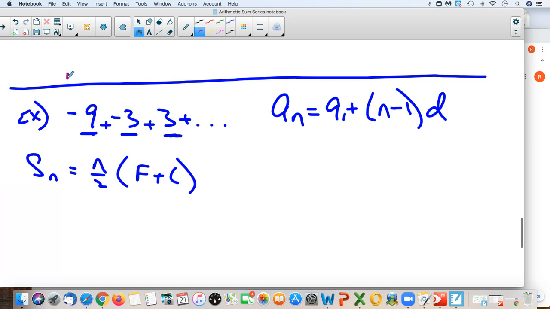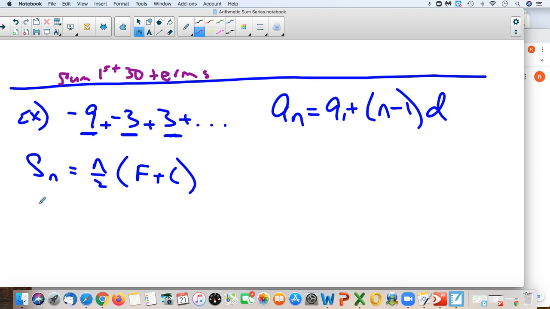Okay? I'm going to write here the sum of the first 30 terms. The directions were above. I just was too lazy to rewrite it. Okay. So how do we do that?